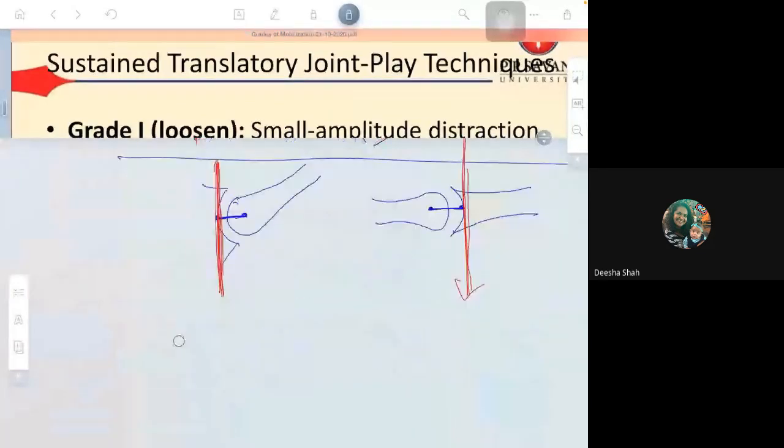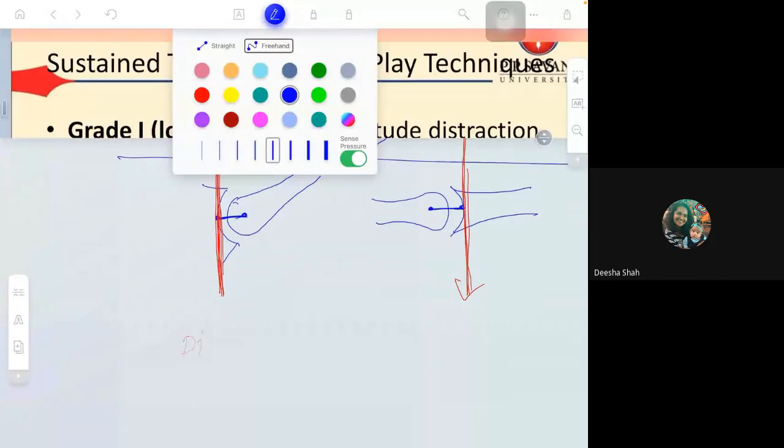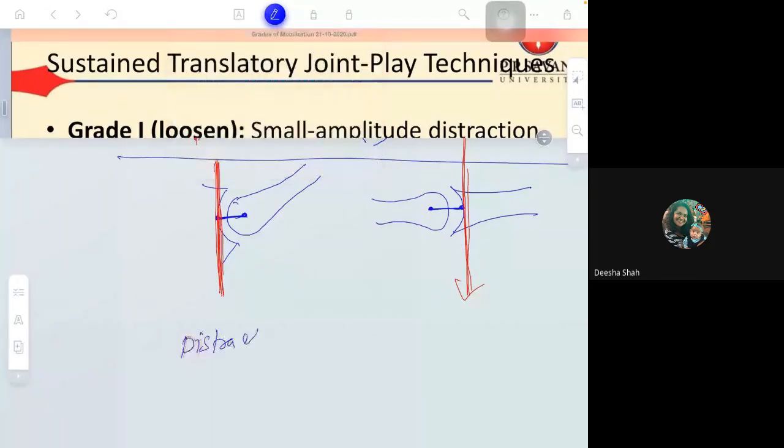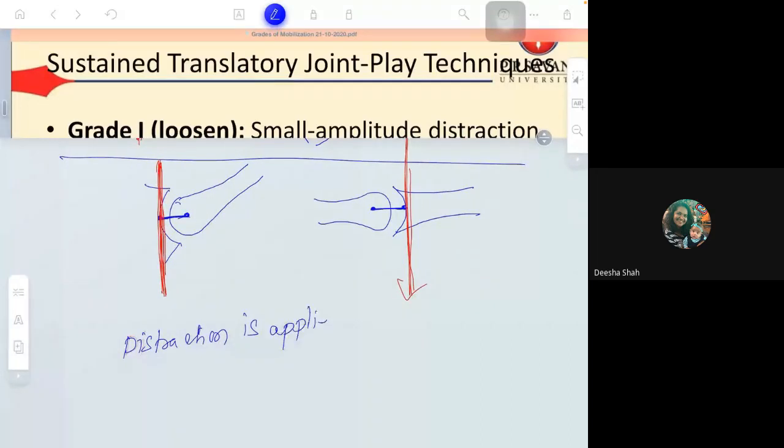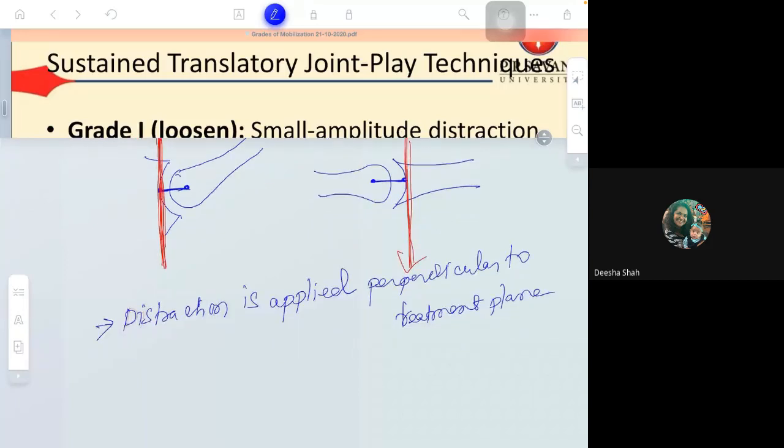Distraction is applied perpendicular to the treatment plane. This was the purpose; I was distracted. Distraction means it is applied perpendicular to the treatment plane.